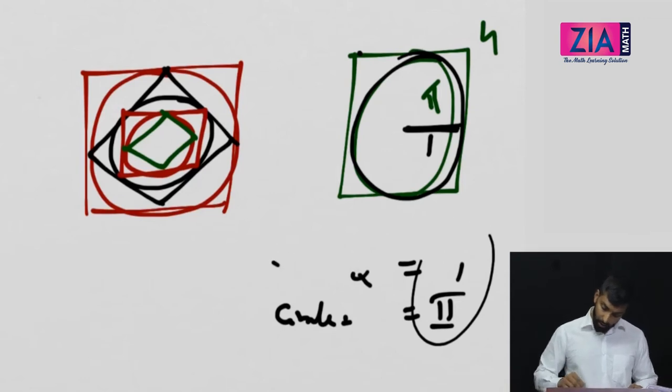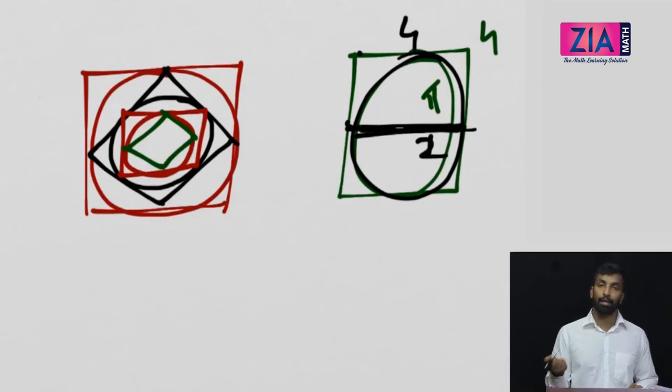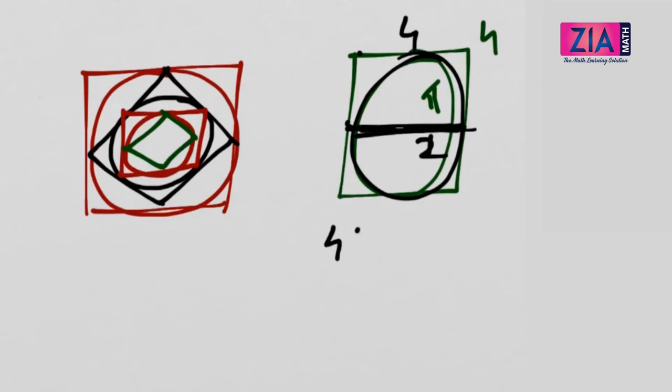Now whatever you put for r or the side, the side will be twice of r, right? If you put 2 here, the side becomes 4, because that becomes the diameter. The side is the diameter, so the diameter and the side are actually the same. So the ratio will always remain 4 to pi, whatever the value, you can make the square bigger.